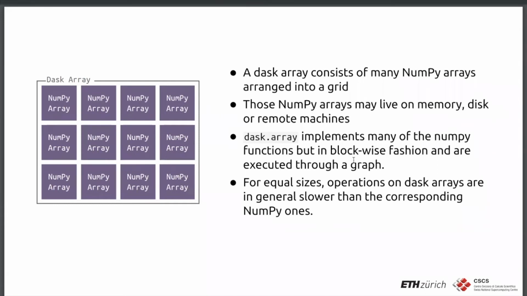And because of the fact that the backend is based on block algorithms and the graph execution, for equal sizes, some operations in Dask can be slower than in NumPy. And we're going to have a look at that now.